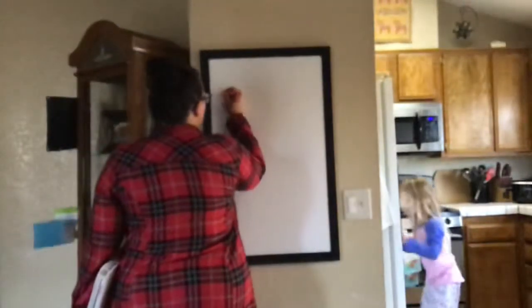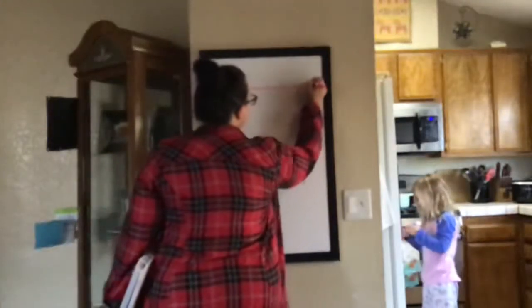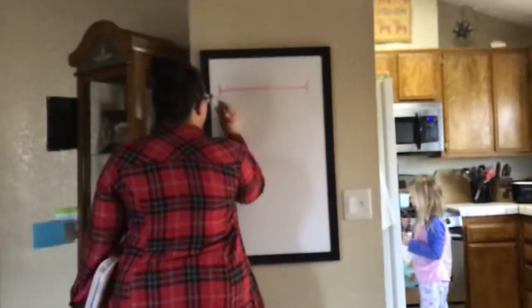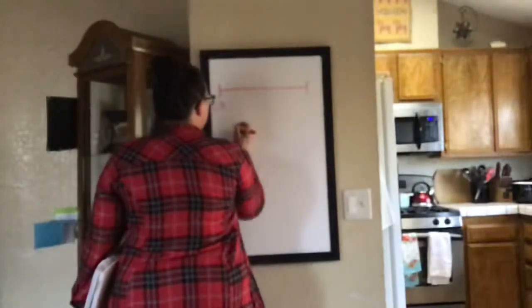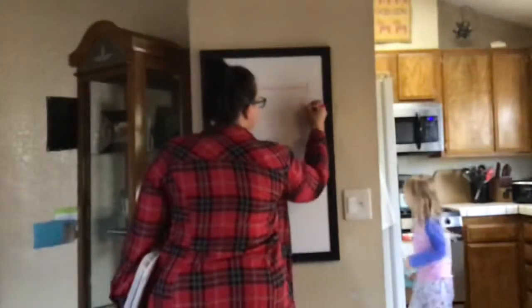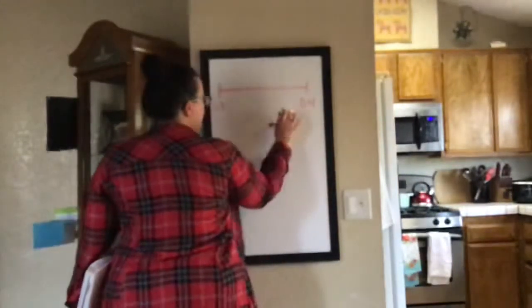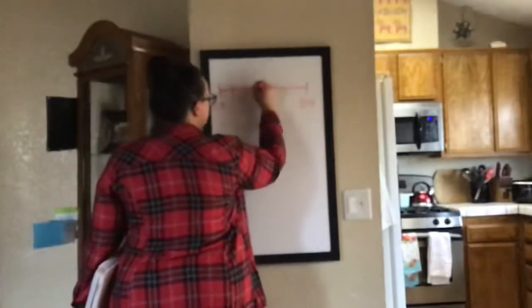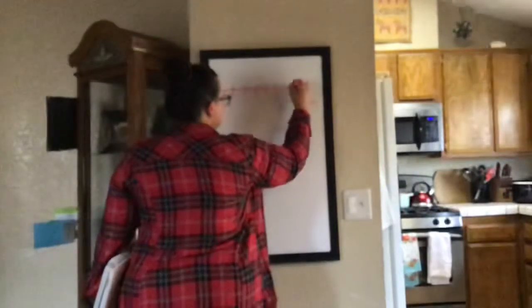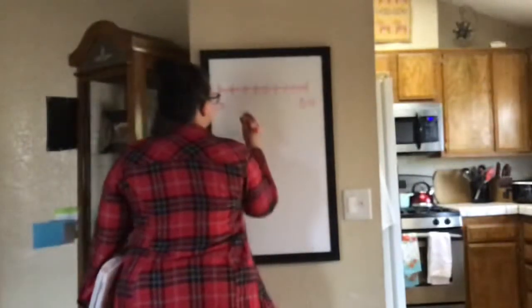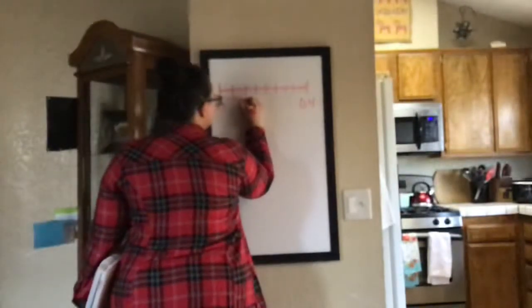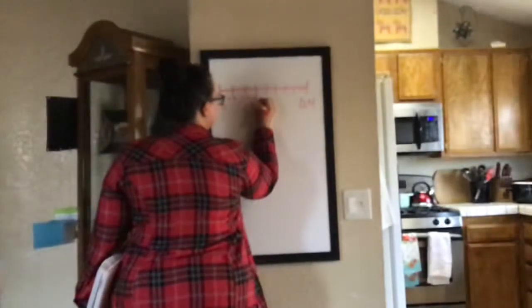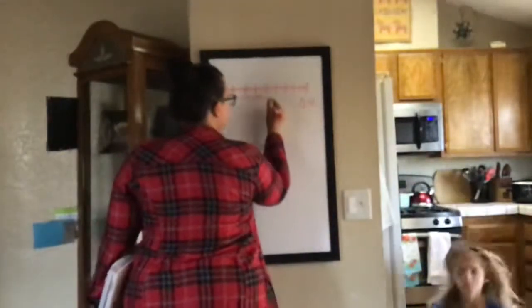If we look on a number line, say I have 0.3 and 0.4, I can still split this into 10. 1, 2, 3, 4, 5, 6, 7, 8, 9, 10, right? So this becomes 0.31, 0.32, 0.33, and so on, okay?